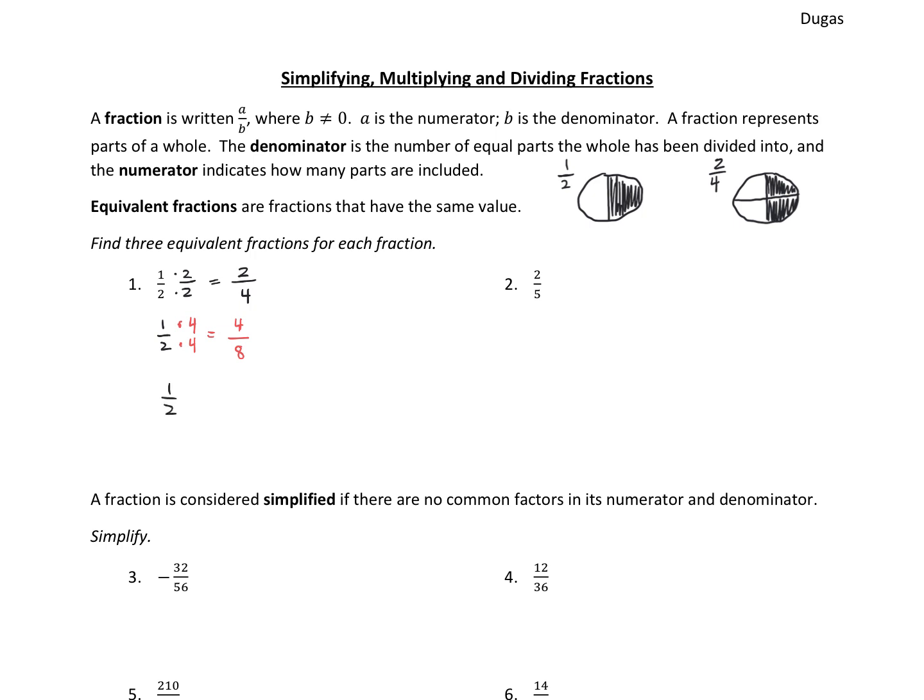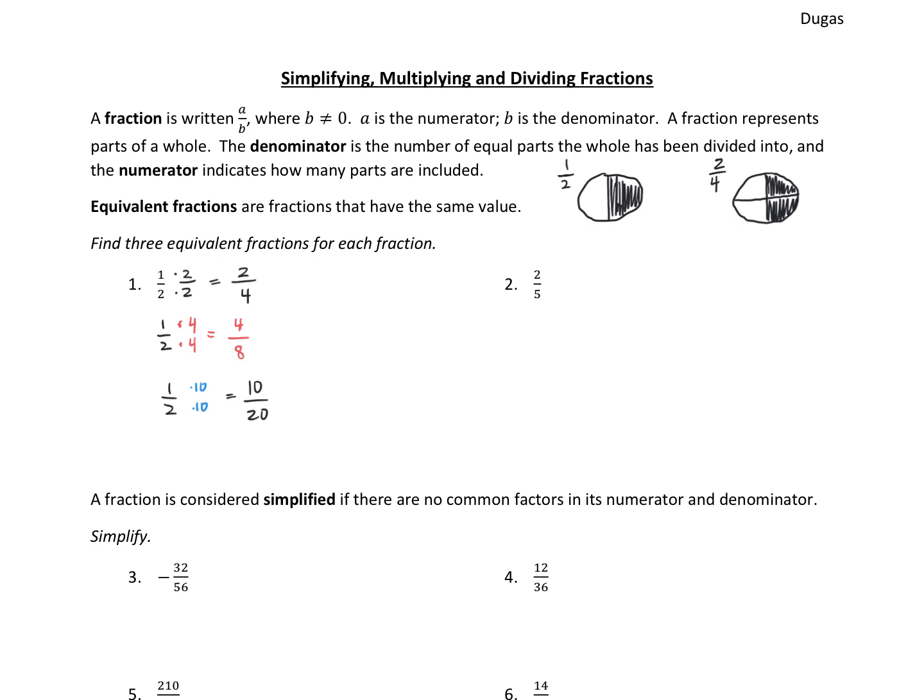And then I could do, it doesn't matter what number you pick, so I could do 10. 1 times 10 is 10. 2 times 10 is 20. 10 over 20 is also an equivalent fraction. So 2/4, 4/8, 10/20, 1/2, those all mean the same thing. They have the same value.